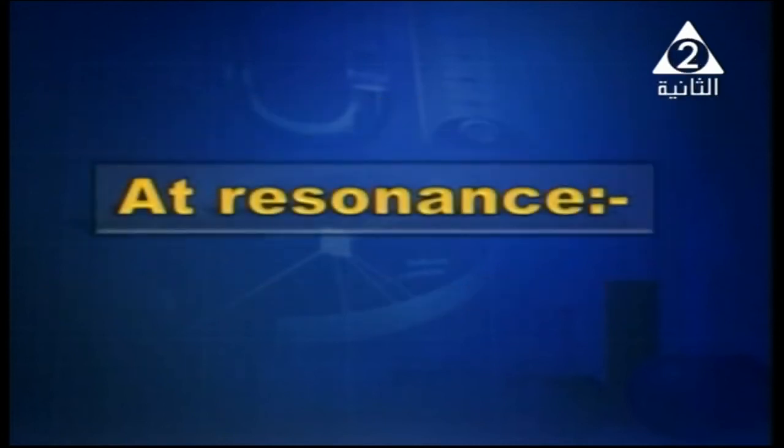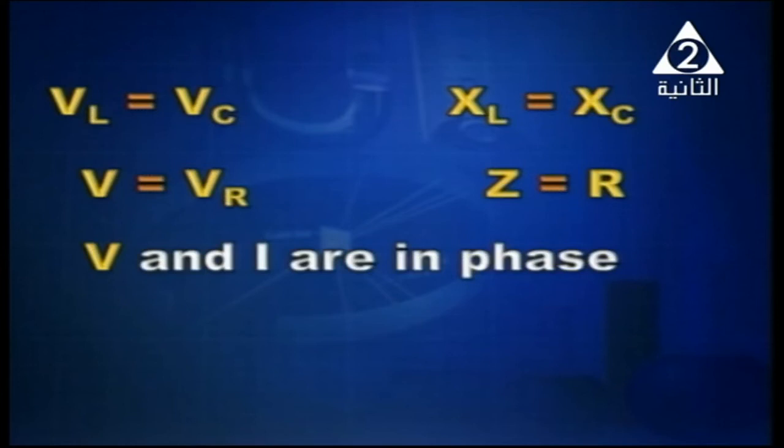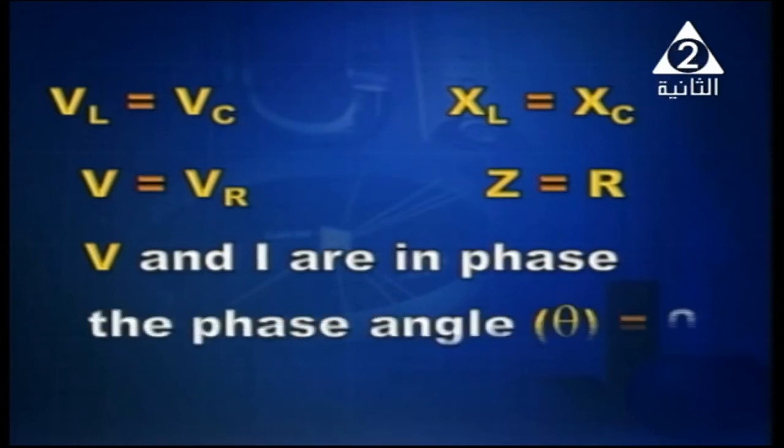So once again, at resonance, what happens? VL is equal to VC because XL is equal to XC. Total voltage will be equal to the voltage across the resistor. Total impedance is equal to the ohmic resistance. Voltage and current are in phase, and this means the phase angle is equal to 0.